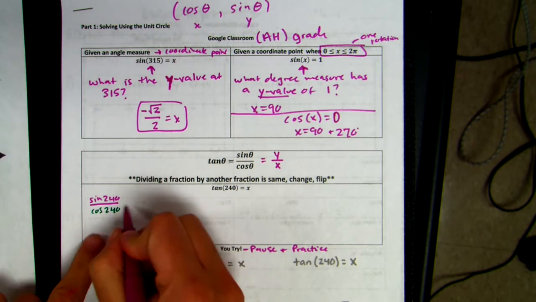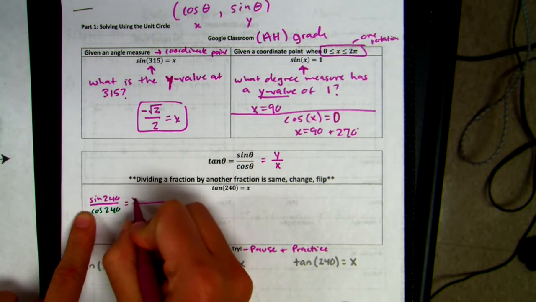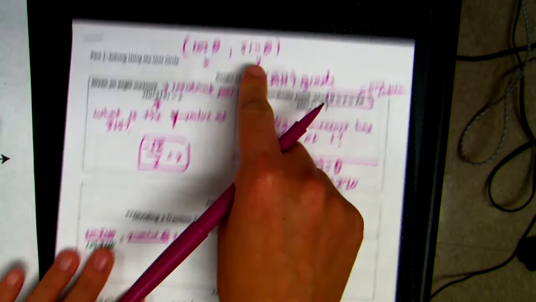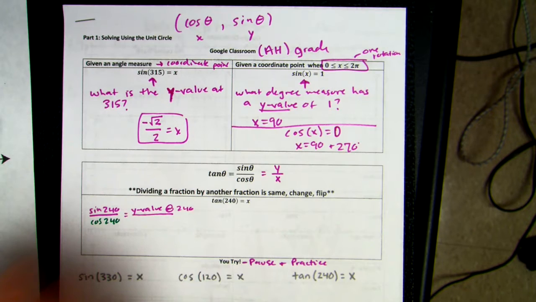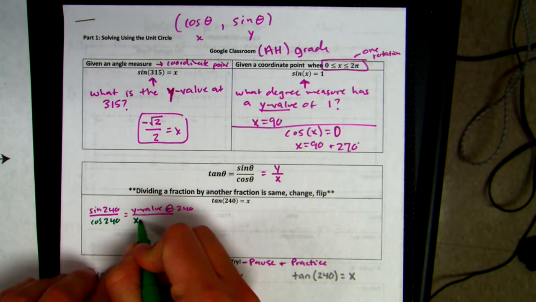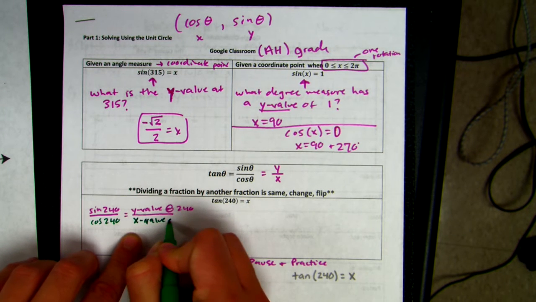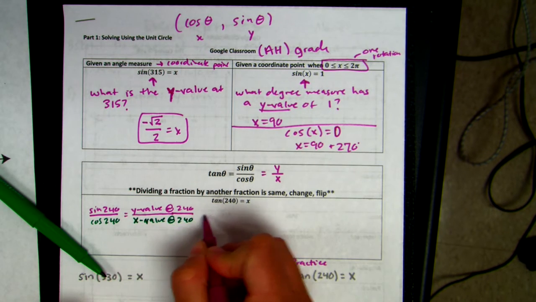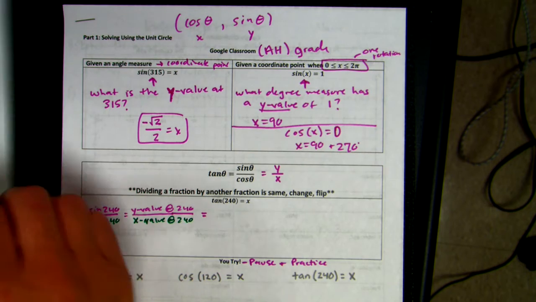Another way of saying that is the y value at 240, because one more time, sine is always y, cosine is always x, over the x value at 240. So let's look for those values.